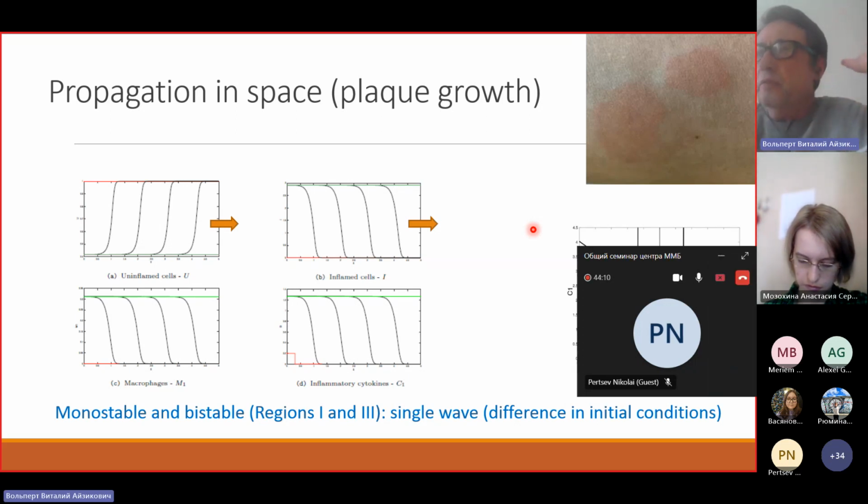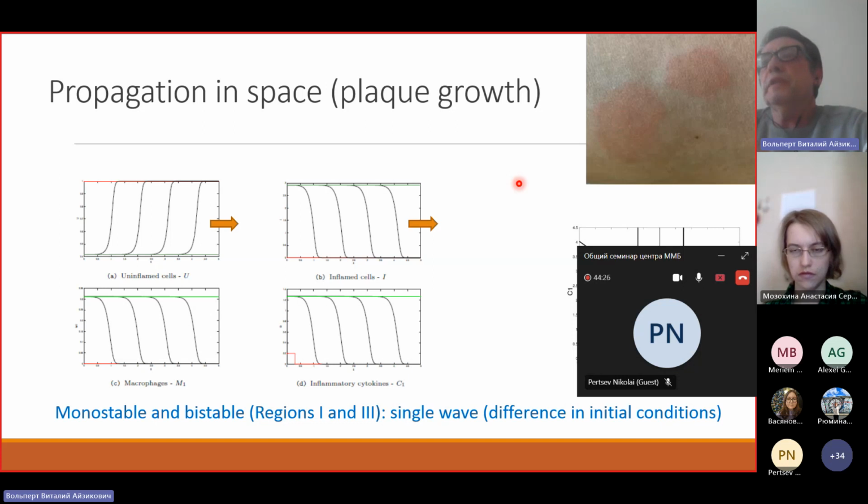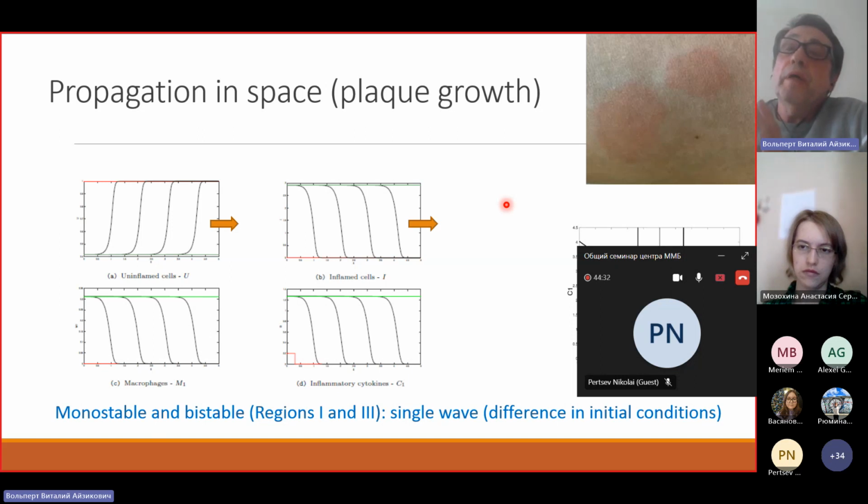It is impossible even to discuss that. But we understand that inflammation can really spread. For example, here you see these plaques of inflammation on the skin. They can propagate, and we will see below they can propagate in different patterns.